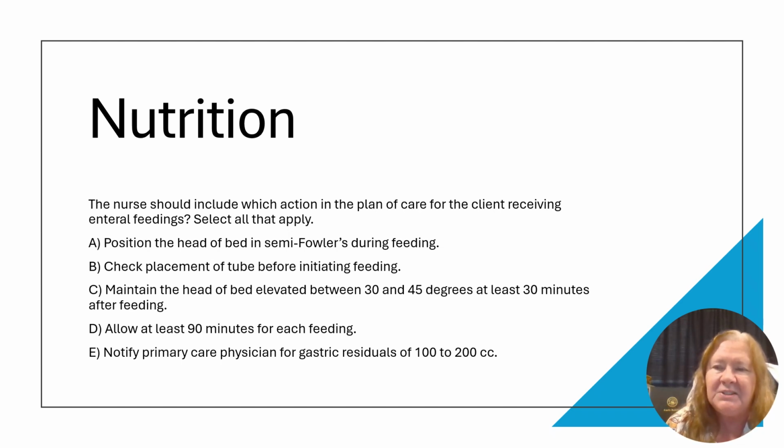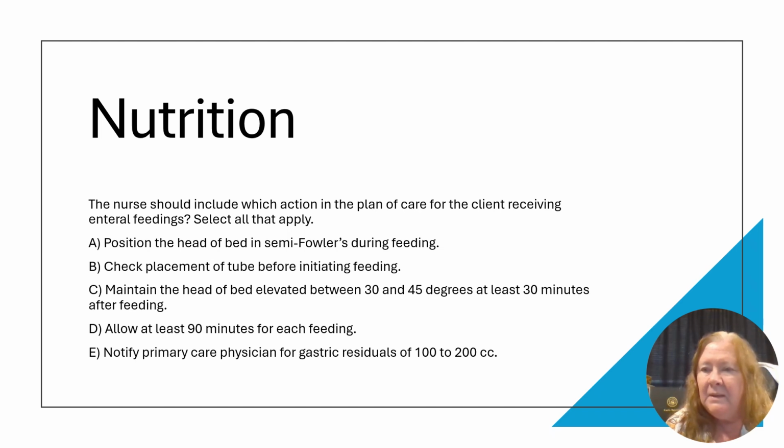When you cover that skill in skills lab, your instructor will tell you the most evidence-based procedures for checking proper tube placement, and those have changed from the past. More current evidence has changed those a little bit, so make sure you know those.